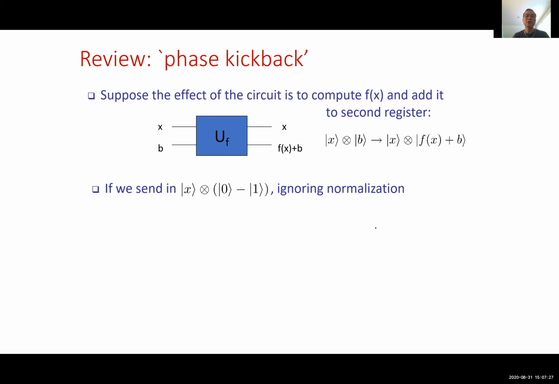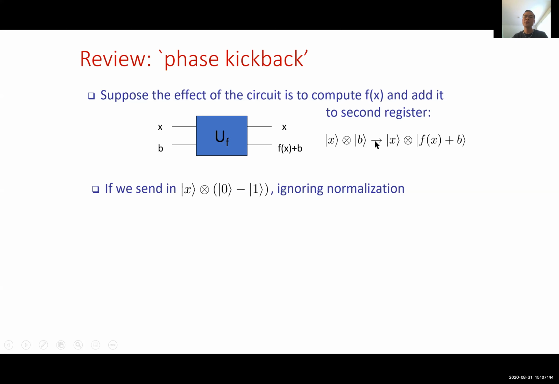Okay, so let's now move on to the phase kickback. This is the circuit that I described, and this is really general. You have two registers, X and B, and you have a unitary UF.